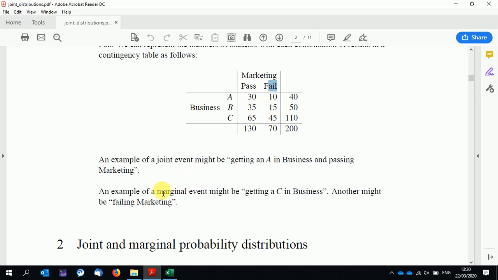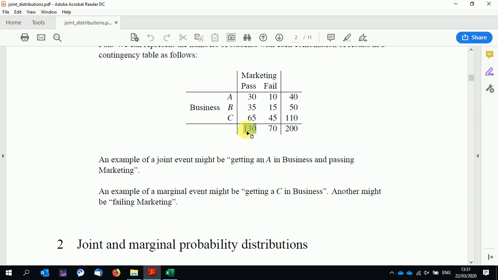I can talk about marginal events now, which would be focusing on these three numbers and these two numbers here. So 130, 70, 40, 50, 110 would be the discussion of marginal events. So for example, 50 would be the total number of students who achieved B in business. 130 would be the number of students who got a pass in marketing, irrespective of what they've done in business.